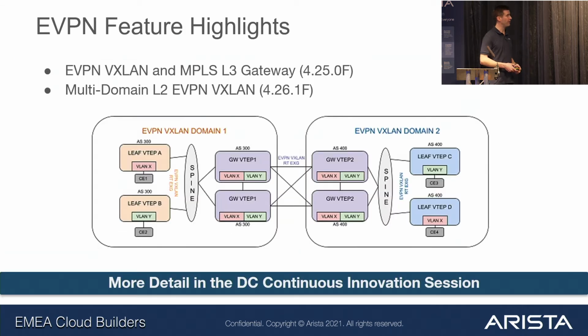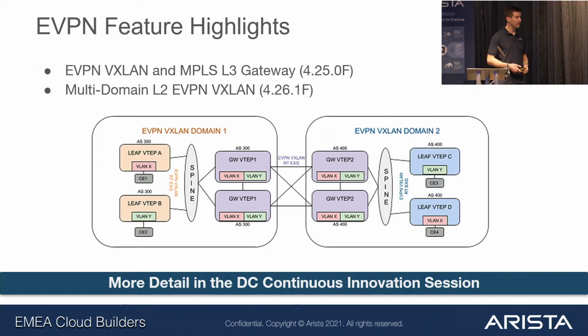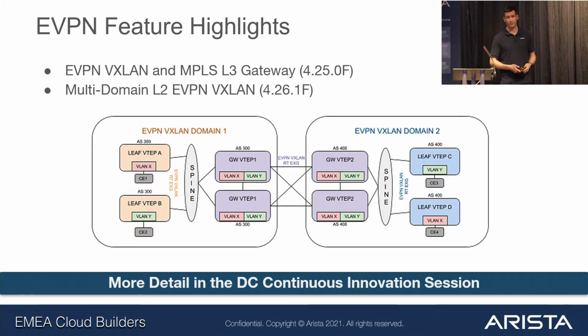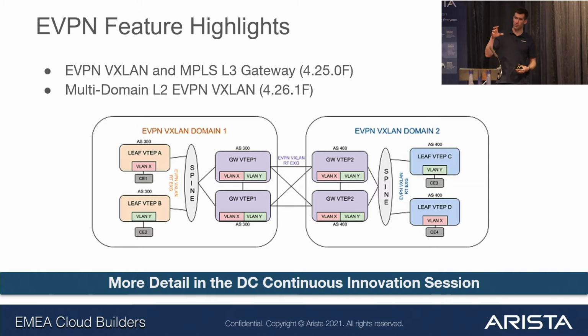So, some of the highlights of this. And these two will be covered in the DC design session later on. Two of the most important ones here are the EVPN VXLAN and MPLS layer 3 gateways, which allow a device to operate in two different EVPN domains and then optionally convert the encapsulation from one to the other. So you can have VXLAN within your local DC, and then have MPLS out on your WAN or core infrastructure.